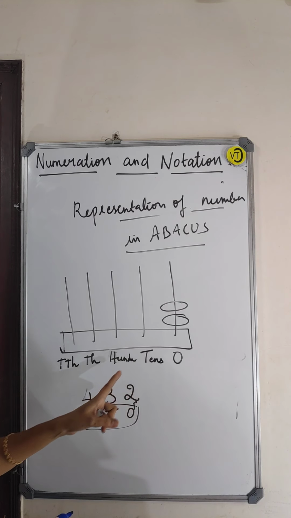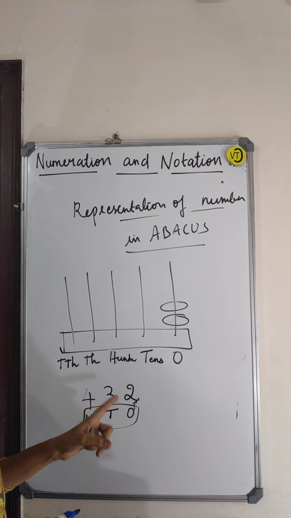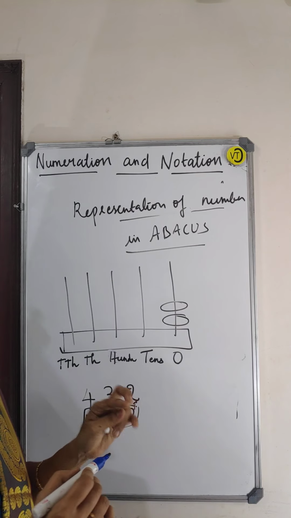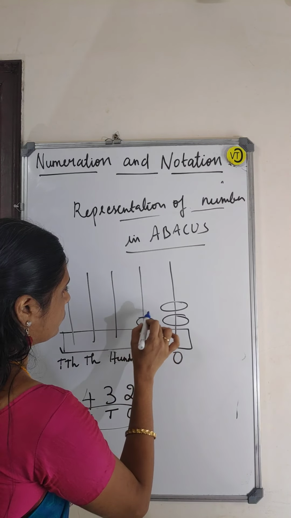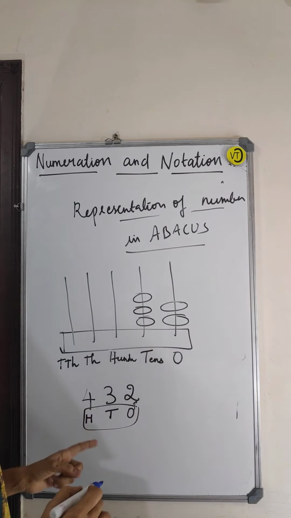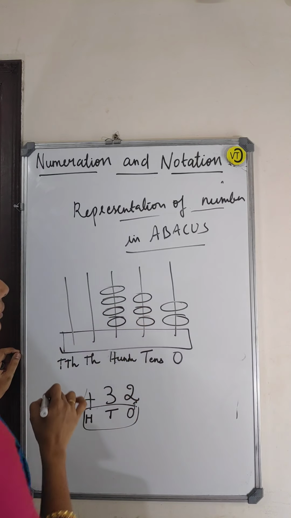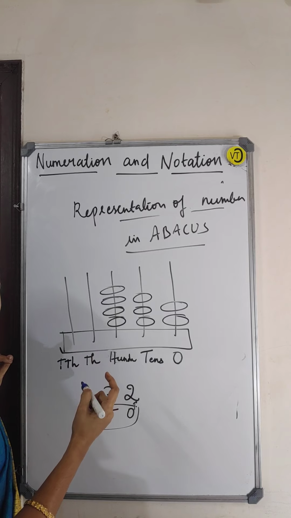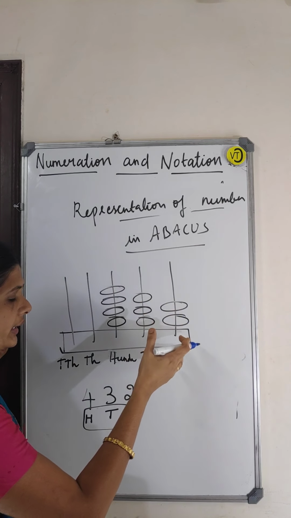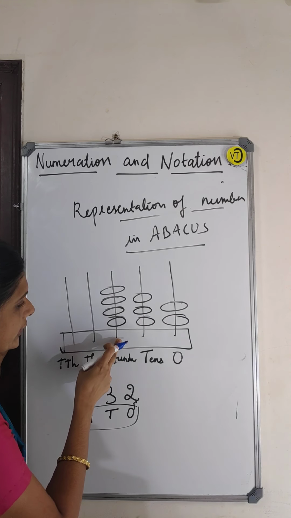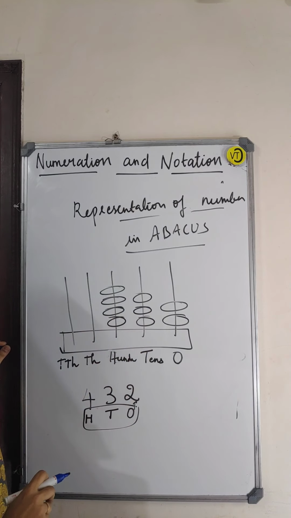In the tens rod, how many beads do I have to put? 3 beads. Good. 1, 2, 3. And in the hundreds rod, how many beads do I have to put? 4. Right. 1, 2, 3, 4.